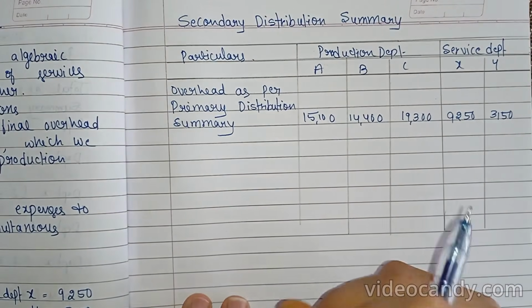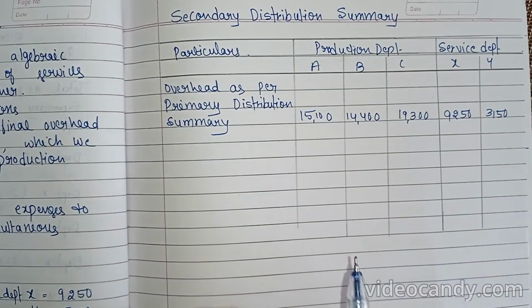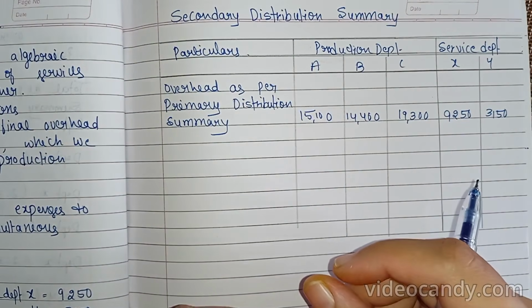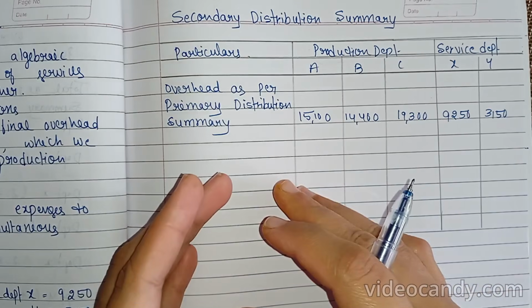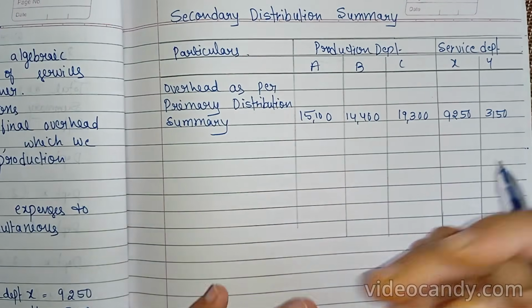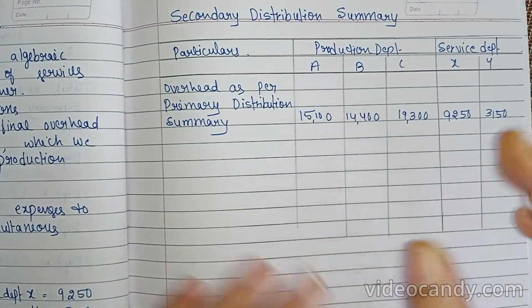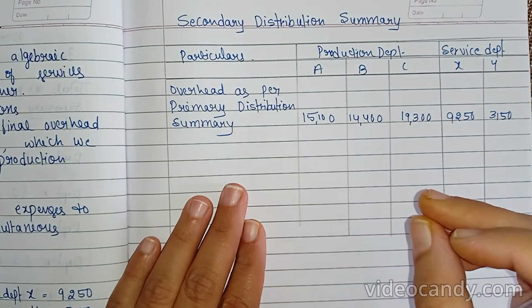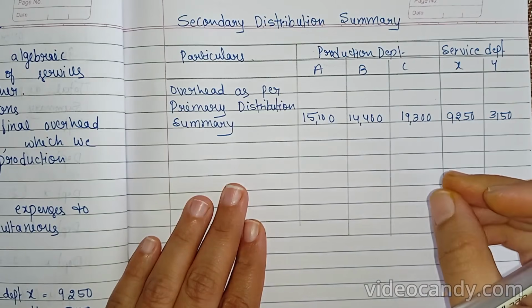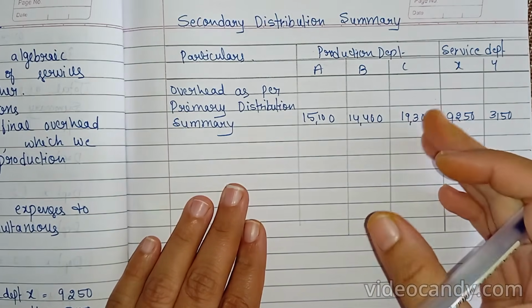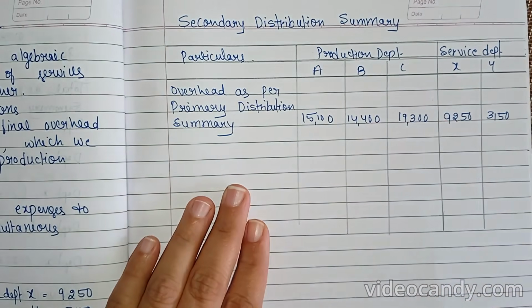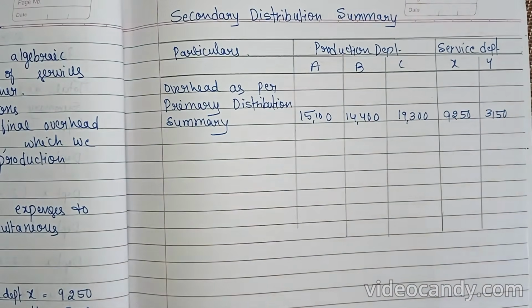So in repeated distribution method we used to apportion the overhead cost of service department to the production department and also including service department, right? But here in simultaneous equation method we need to apportion or allocate the overhead cost of service departments only to the production departments.